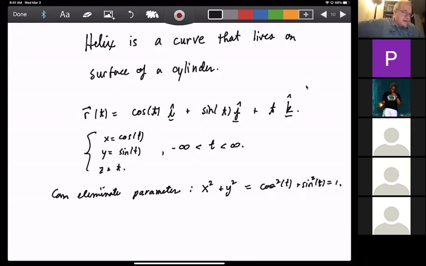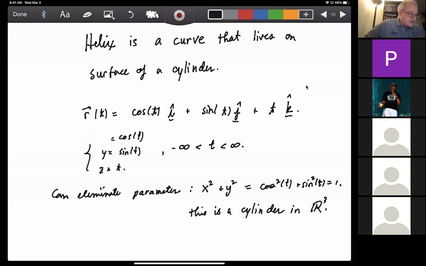Okay, so if I was living in the xy plane, x squared plus y squared equals 1 would be a circle, but I'm really living in 3 dimensions here. So x squared plus y squared equals 1 is really a cylinder in 3-dimensional space.